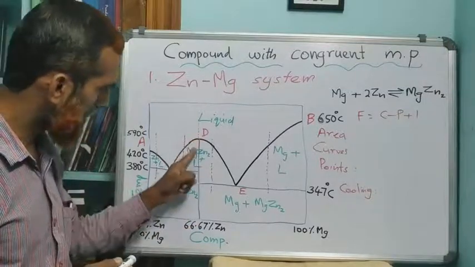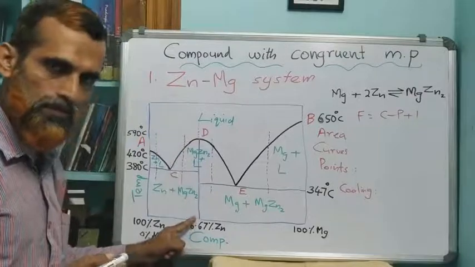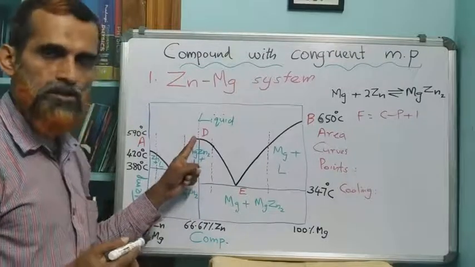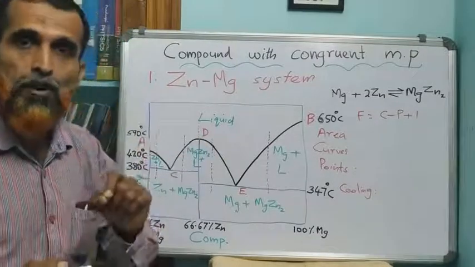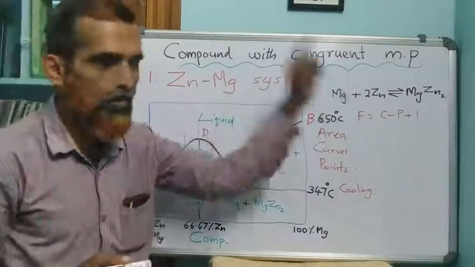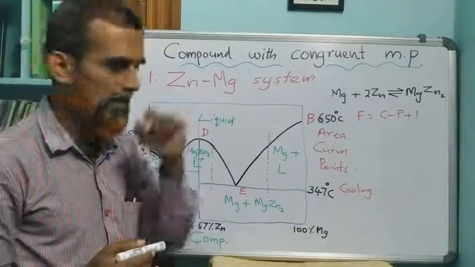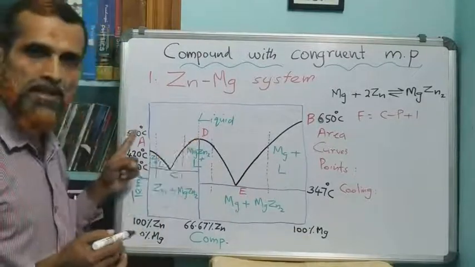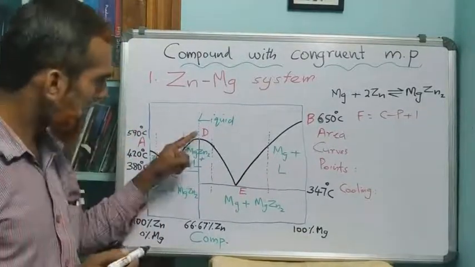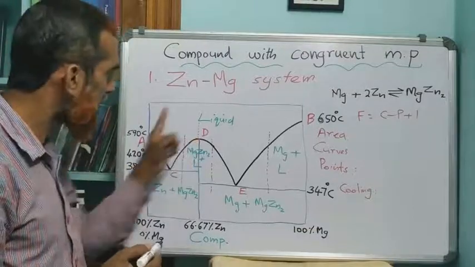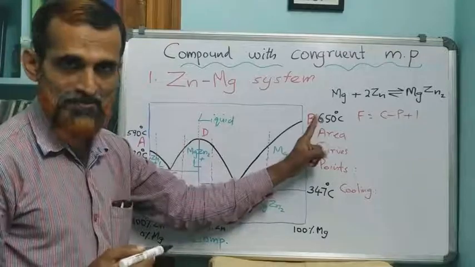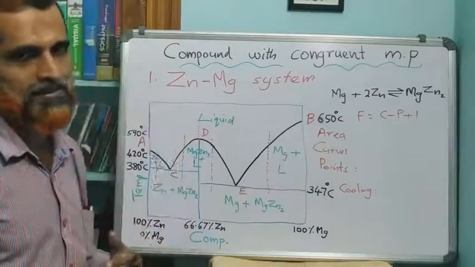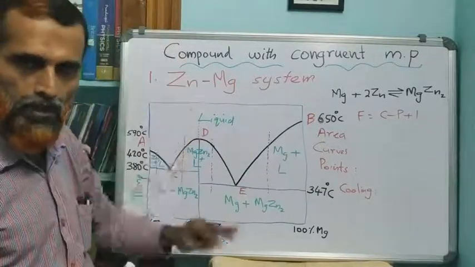So this is the composition at which the compound is formed. This point D is for the melting point or freezing point of this compound dizinc magnesium, which is 590 degrees Celsius. See that here this melting point is in between that of zinc as well as magnesium. It can vary, I have told in the previous class. It can be above or below or in between.